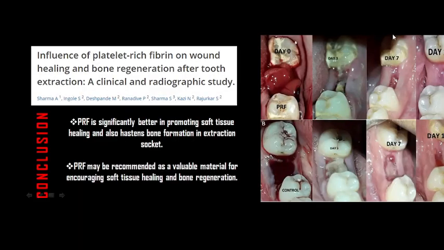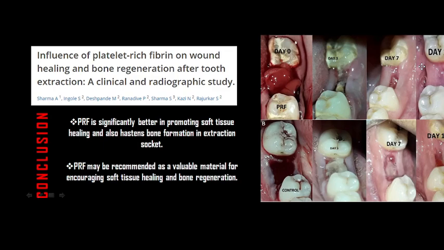This is an article from 2020, which talks about the influence of platelet-rich fibrin on wound healing and bone regeneration around tooth extraction. We can see two diagrams, diagram A and diagram B. In diagram A, we made extraction of the tooth, and then we placed the PRF inside the socket.